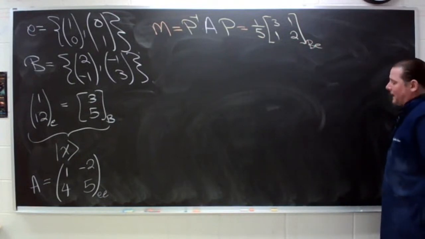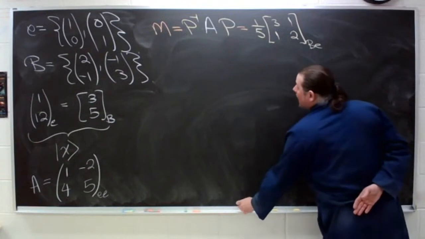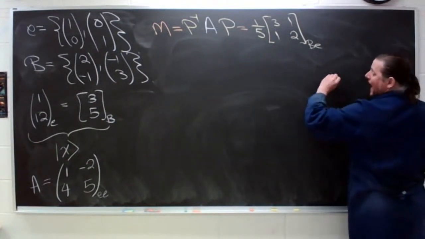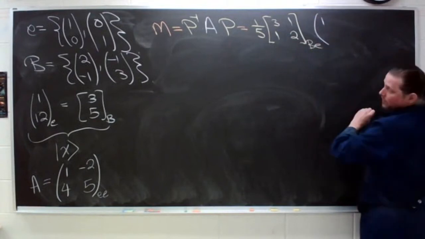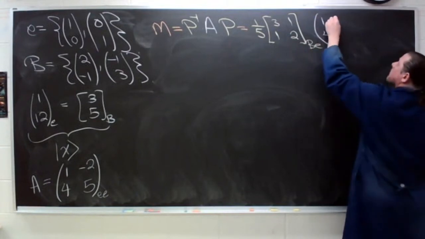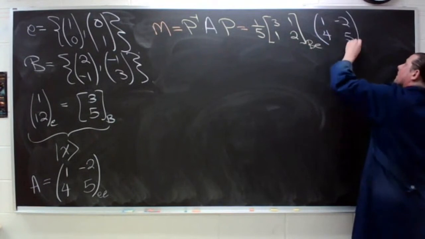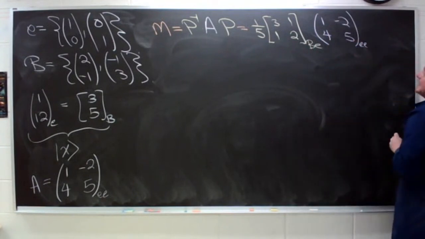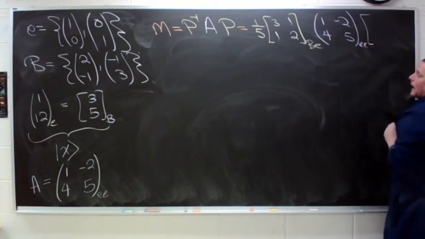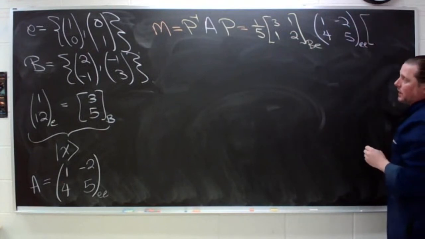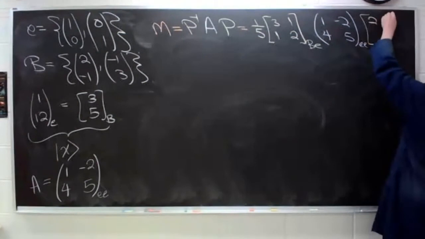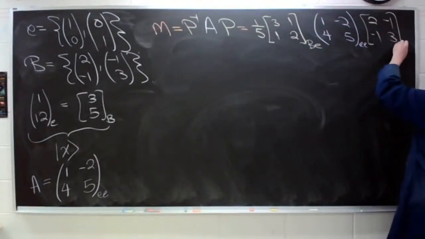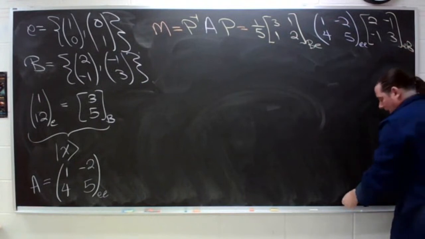So it's going to go like that. Then I've got matrix A: 1, 4, -2, 5, EE. And then P is going to be 2, -1, -1, 3, EB.